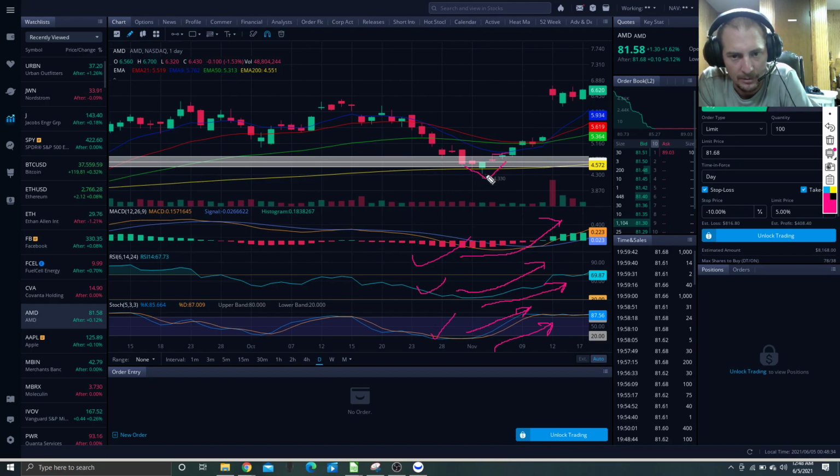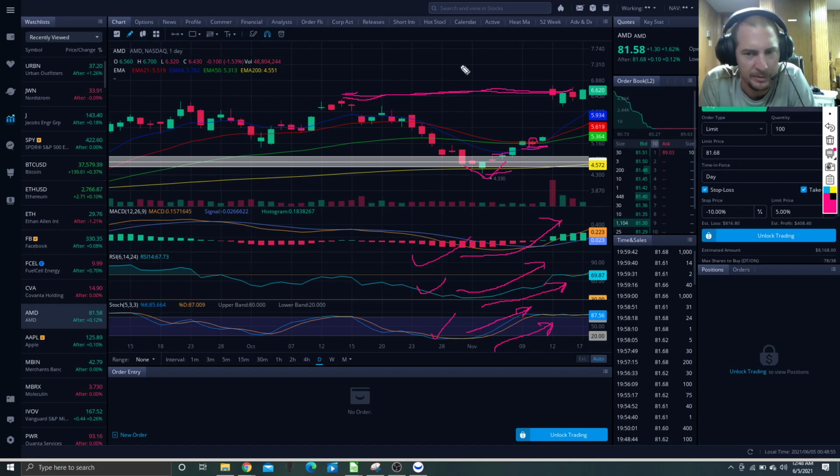Get in right there, stops right there, and then if you were going to trail these, right? So you could set your initial targets way up here at this previous high, and then just as price moves up, see this first red candle swings down, stop loss 1 ATR below that.